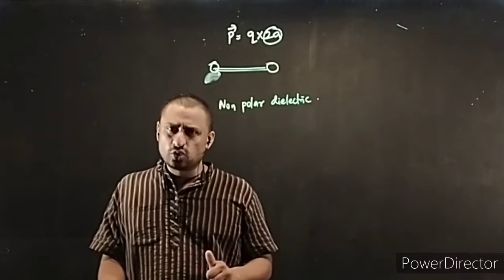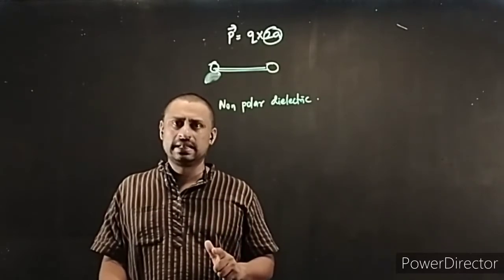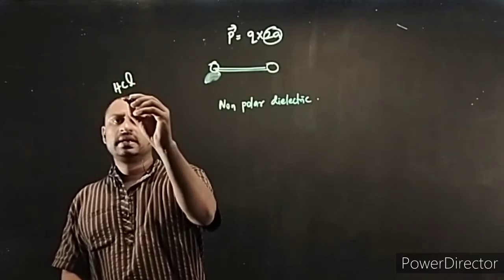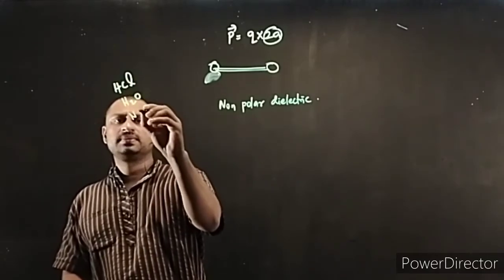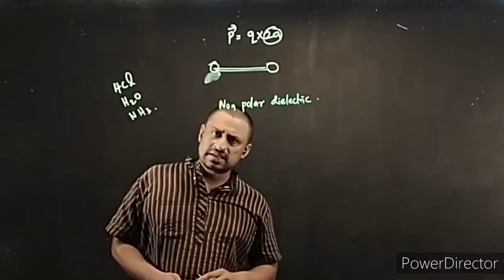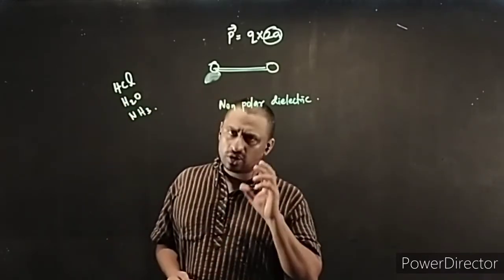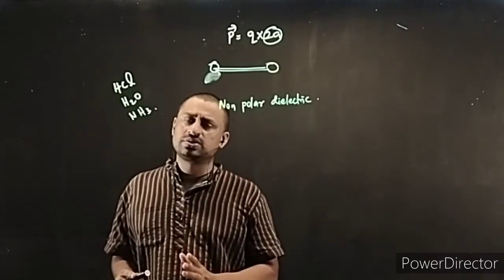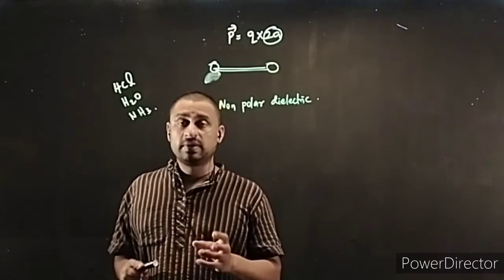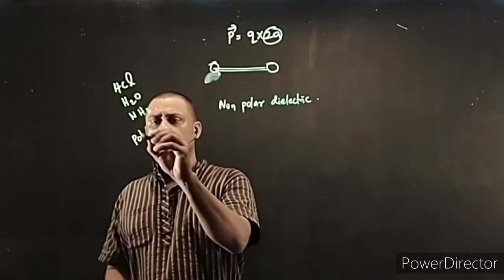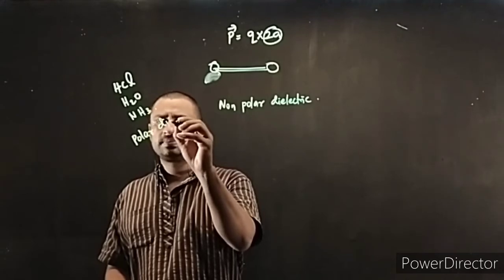If you take H2O, HCl, NH3, such materials, the positive charge center and negative charge center will not coincide at a point. There will be a separation between the two charge centers. So there will be a net dipole moment for such materials, and we call them polar dielectrics.